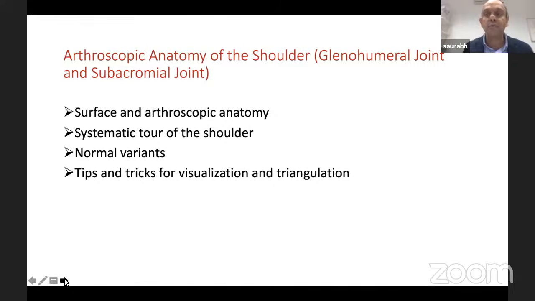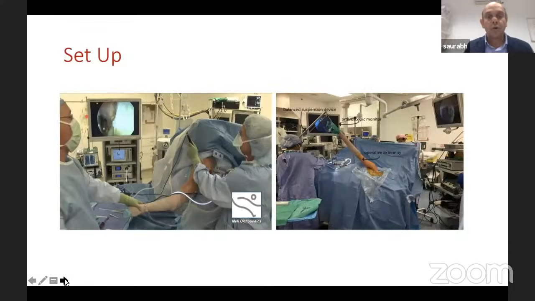I've got some videos to show what it looks like in a glenohumeral joint and in a subacromial space. Then after we've done a tour of the shoulder, we'll look at the normal variants of the labrum. And finally, some tips and tricks to get a good visualization inside the shoulder while doing arthroscopy, and then triangulation tips and tricks.